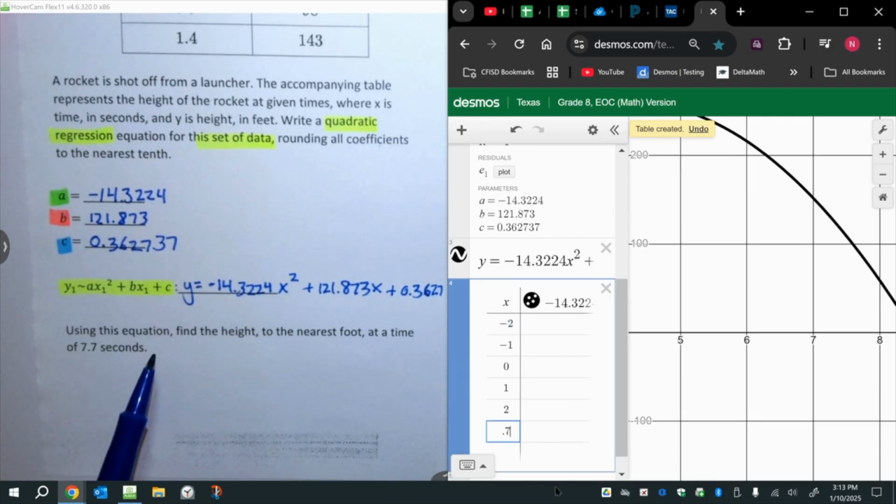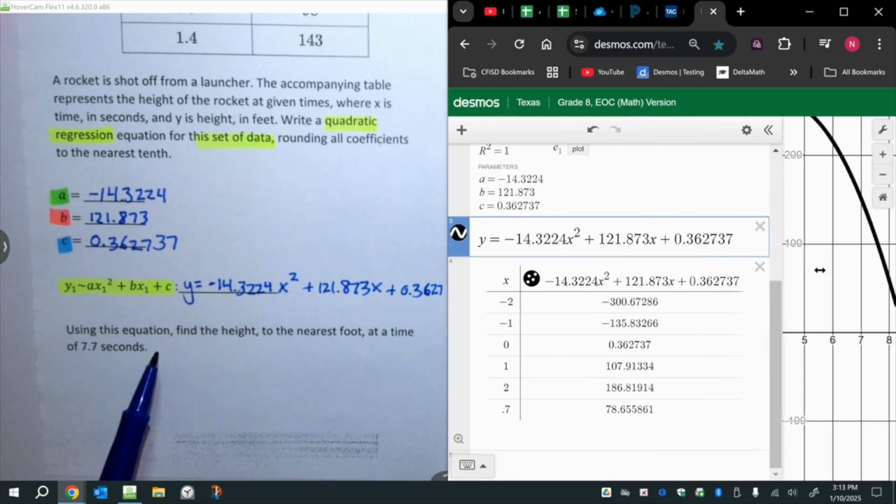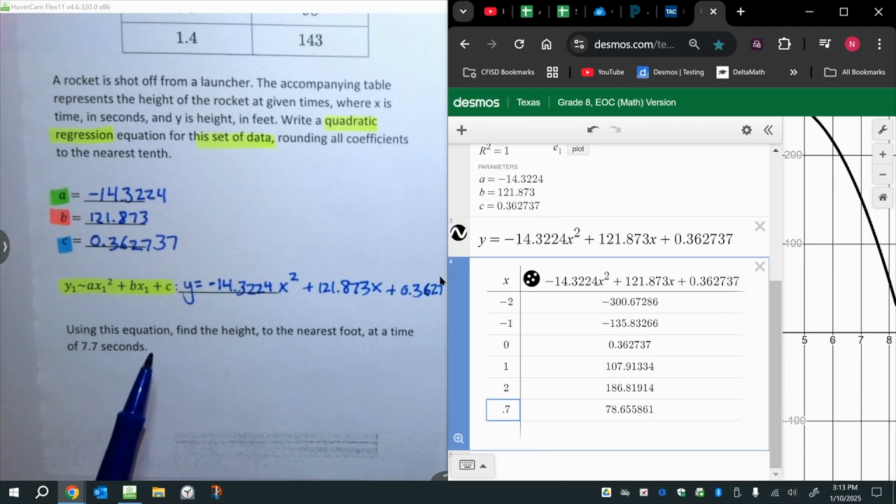what is happening? What is wrong with my formula? Oh, okay. I just couldn't see the numbers. All right.